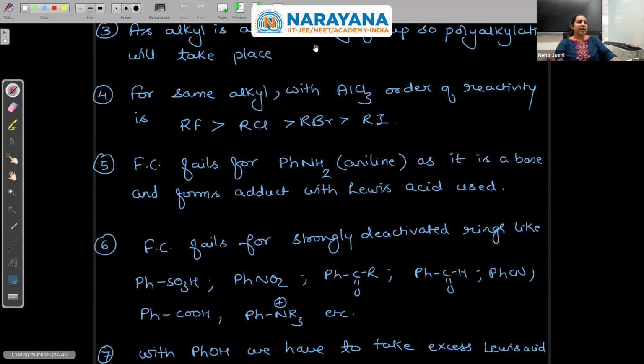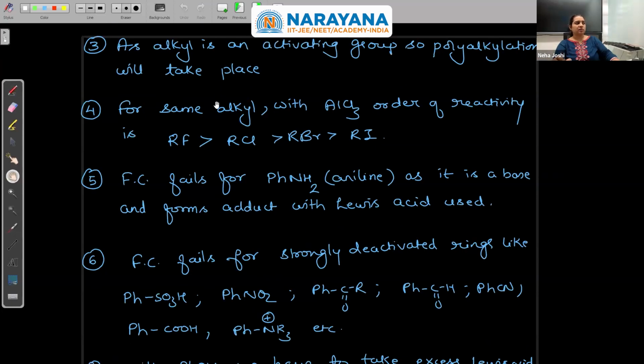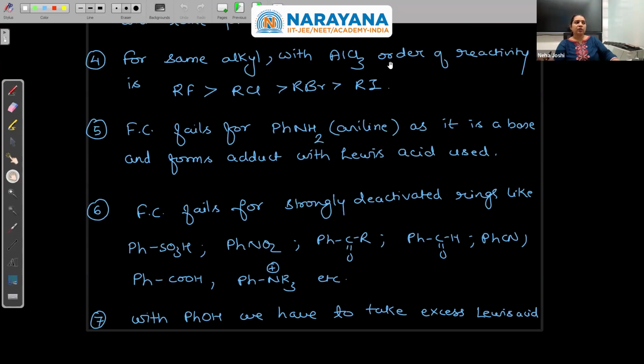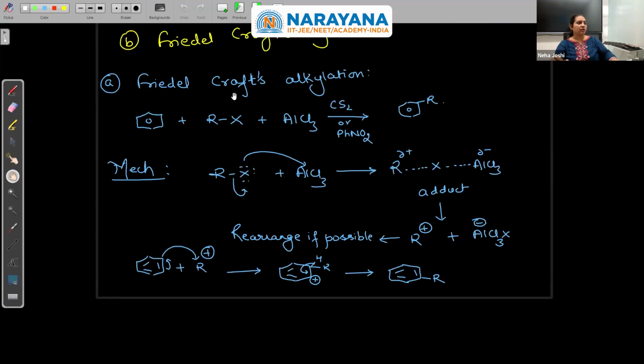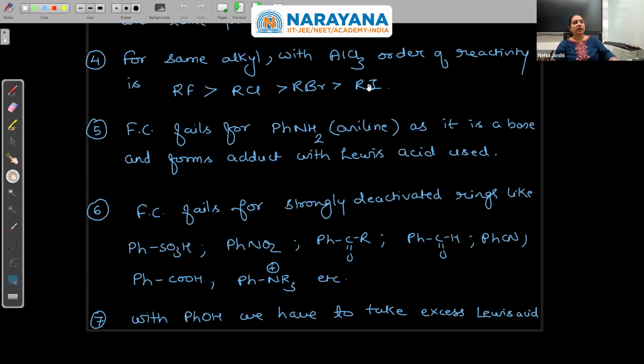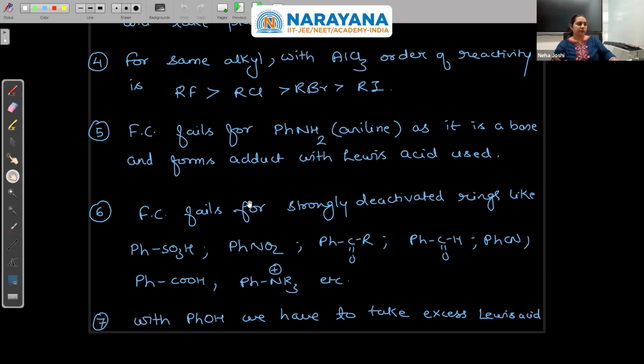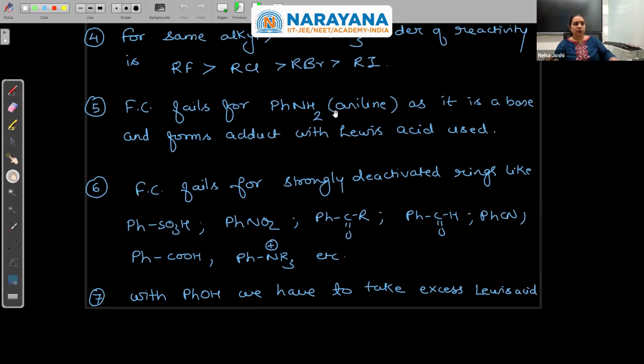Take other points. As alkyl is an activating group, polyalkylation will take place. For the same alkyl with AlCl3, the order of reactivity is RF, RCl, RBr, RI due to Lewis base nature. Friedel-Crafts fails for PhNH2 as it is a base and forms adducts with the Lewis acid used.